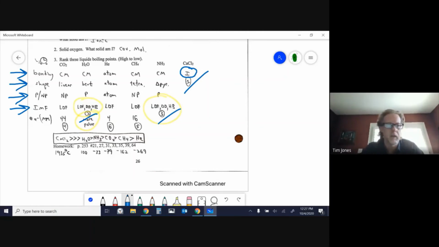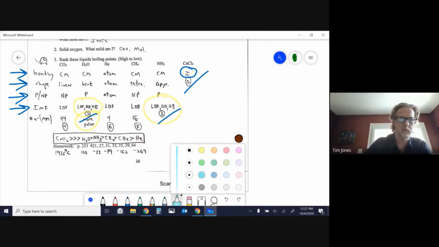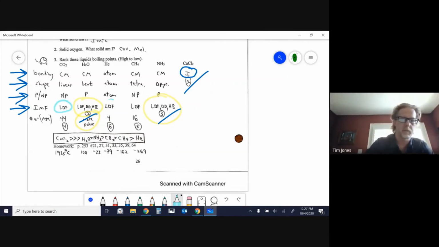Among the remaining 3, CO2, helium, and CH4, they all only have LDF. So just LDF, LDF, and LDF. In this case, you want to look at how many electrons each has. The one with the most electrons is the more polarizable, meaning the electrons can be more on one side of the molecule than the other, or more on one side of the atom than the other in the case of helium.